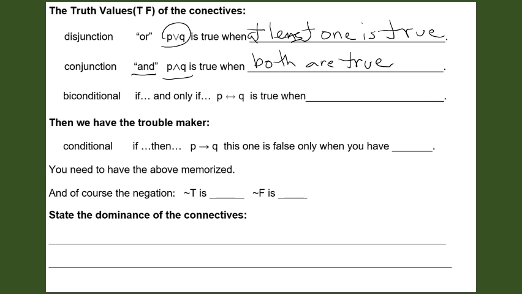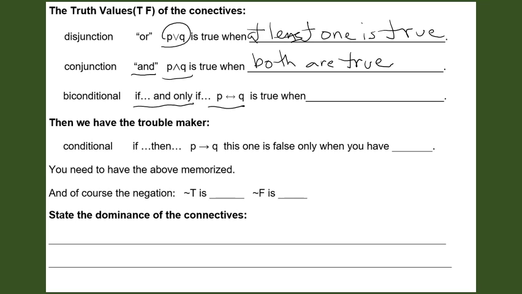The biconditional, if and only if, P if and only if Q, is true when they both have the same truth value. Remember what we did on the previous slide. On the previous slide, we said they either both occur at the same time or they don't occur at the same time, right? So when they both occur, both of them are true. When they both don't occur, both of them are false.